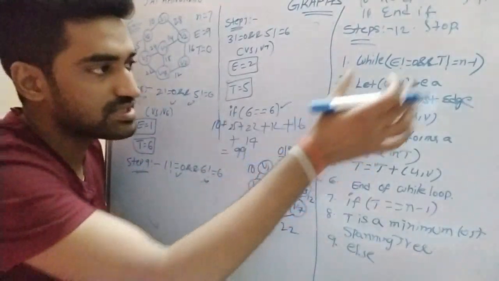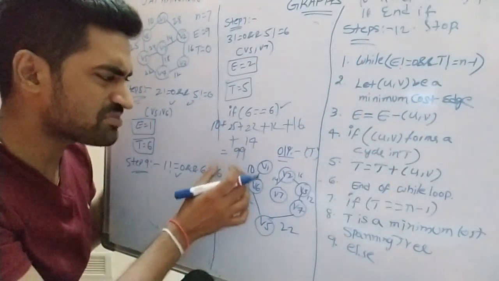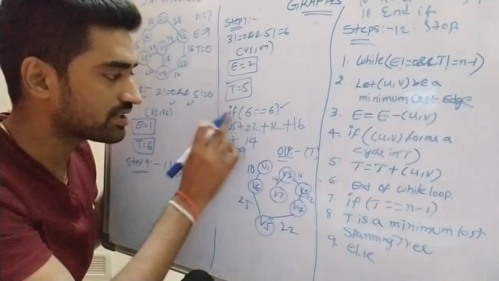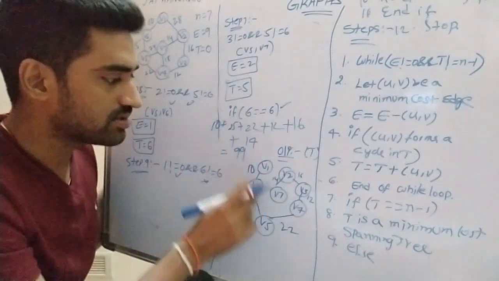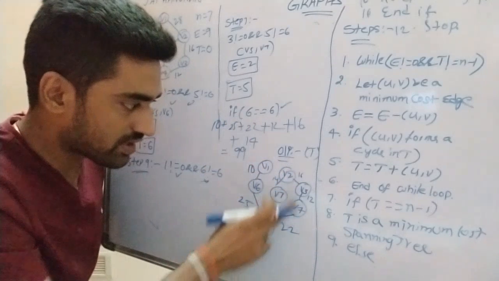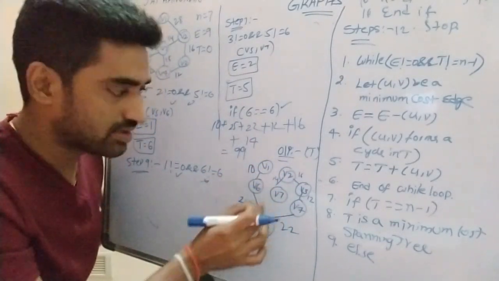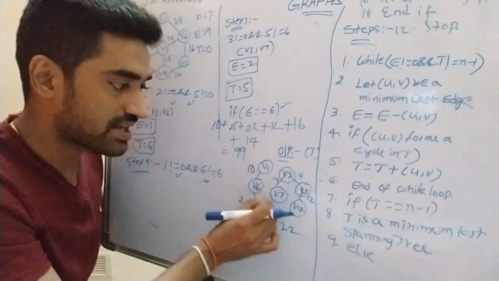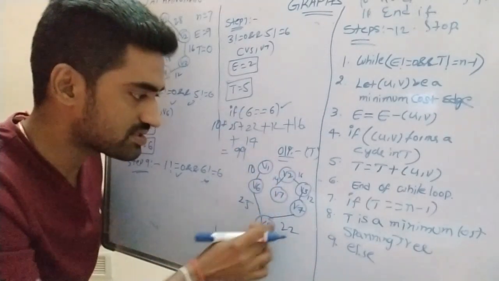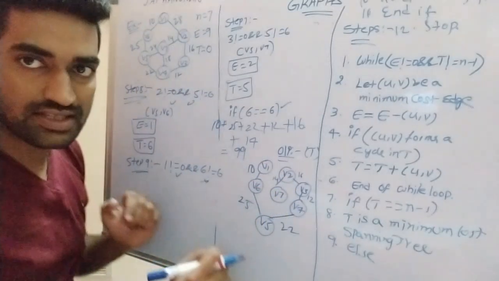Based on these steps, I am solving the problem. So finally we get the minimum cost spanning tree. Here the output contains all the vertices and does not form any cycle, right? So each and every rule is satisfied. That's why this is the minimum cost spanning tree for this weighted graph.